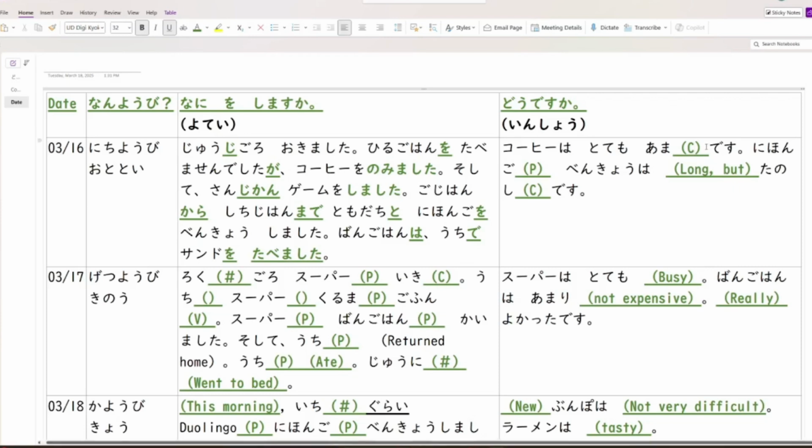The opposite, amari, so like down here. Amari is for like not very, and amai is sweet. We are talking about coffee, and we don't have anything after this, so it was probably the sweet one, right? Because totemo by itself is very.